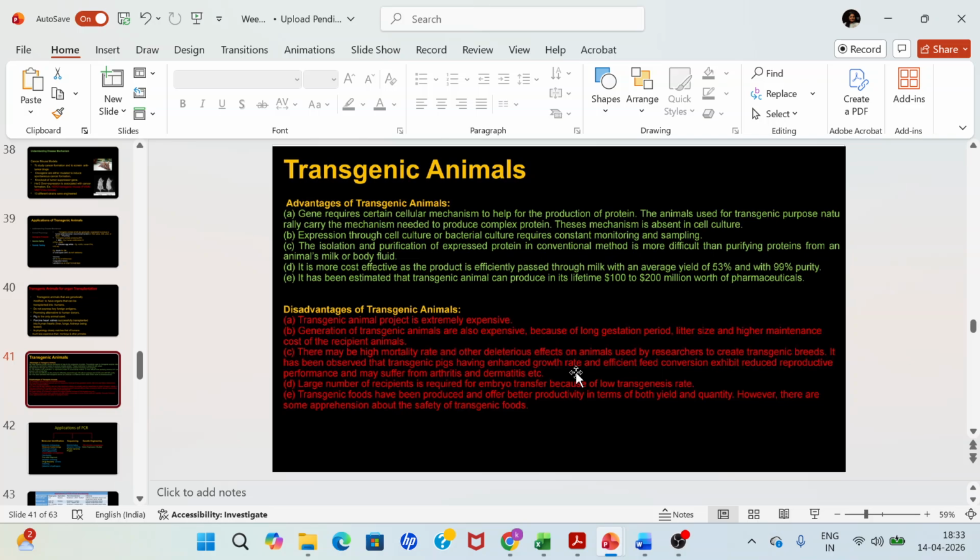These mechanisms are absent in cell culture. Expression through cell culture or bacterial culture requires constant monitoring and sampling. The isolation and purification of expressed protein by conventional methods is more difficult than purifying proteins from an animal's milk or body fluid. So there are many advantages of transgenic animals; while the disadvantages are also there, advantages are also there.